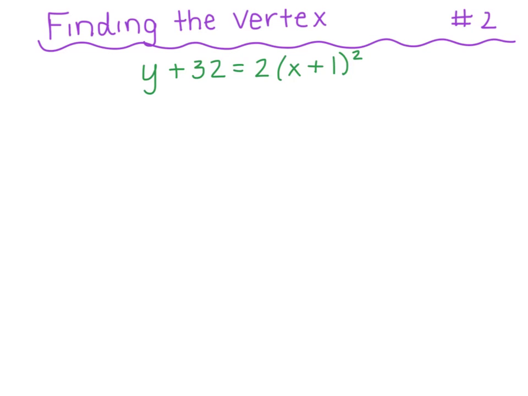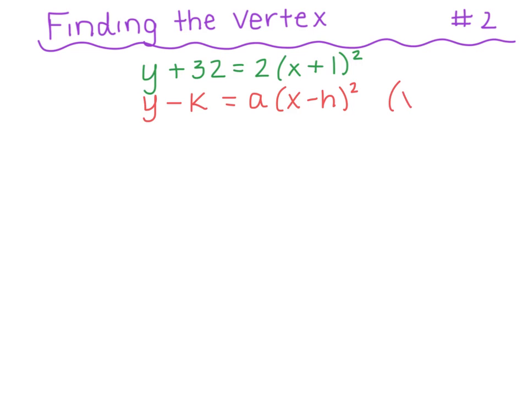Okay, so the next layer I'm going to toss on here is taking this equation that we just came up with, picking up right where I left off, and using it to find the actual vertex. And if you remember, this equation right now is written in vertex form, which really looks like this: y minus k equals a times x minus h squared.